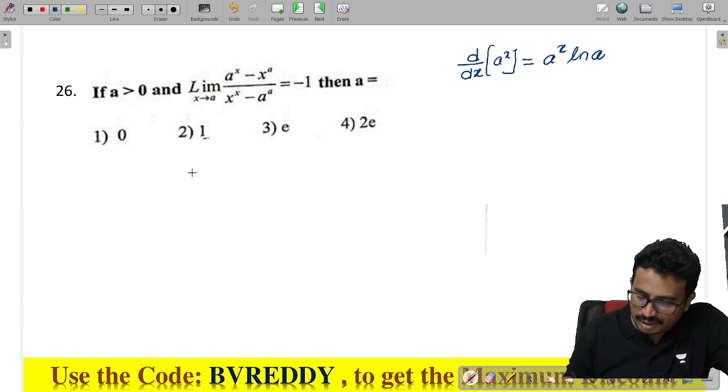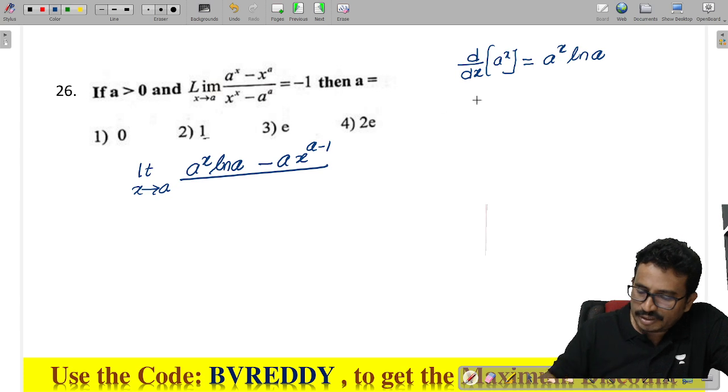Now if I apply the L'Hospital rule, limit x tends to a, we get a power x into ln of a minus a into x power a minus 1, by, so if I call y equal to x power x, now taking log y, which is equal to x into log x.